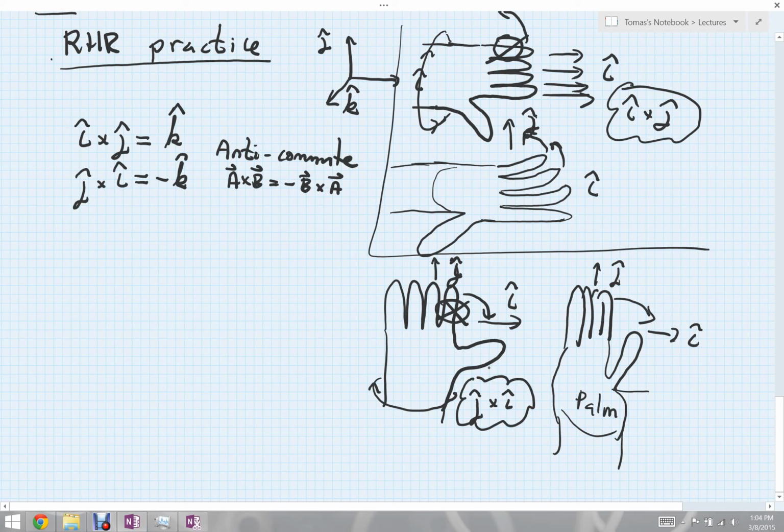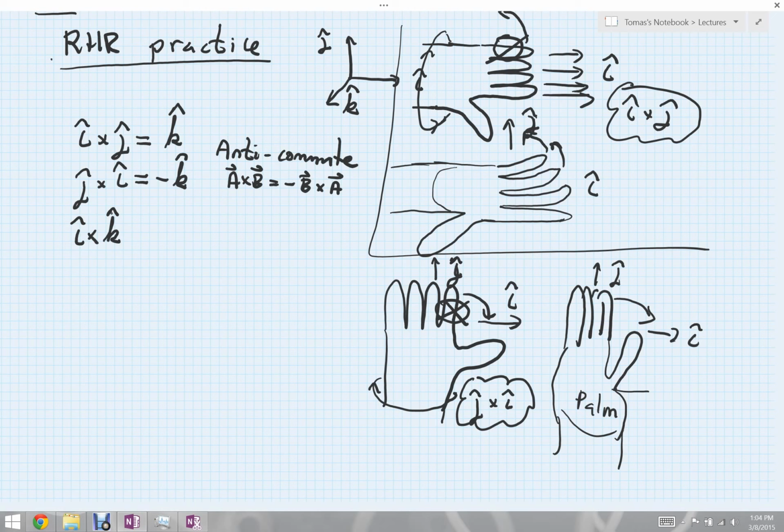Good. Now, you can continue down this list here. If we do I hat cross K hat, you can take your hands out. I'm not going to try to keep drawing these. Hopefully you're getting the idea of have practiced these before. The idea again is you put your fingers along I hat.